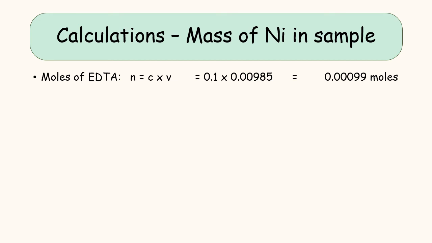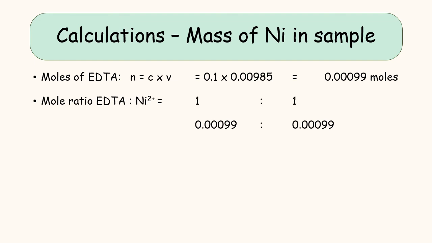Our concentration was 0.1, so that gives us 0.00099 moles, and you probably would be able to round that up to 0.001 moles if you wanted to. The ratio is 1-to-1, so the number of moles of EDTA equals the number of moles of nickel.